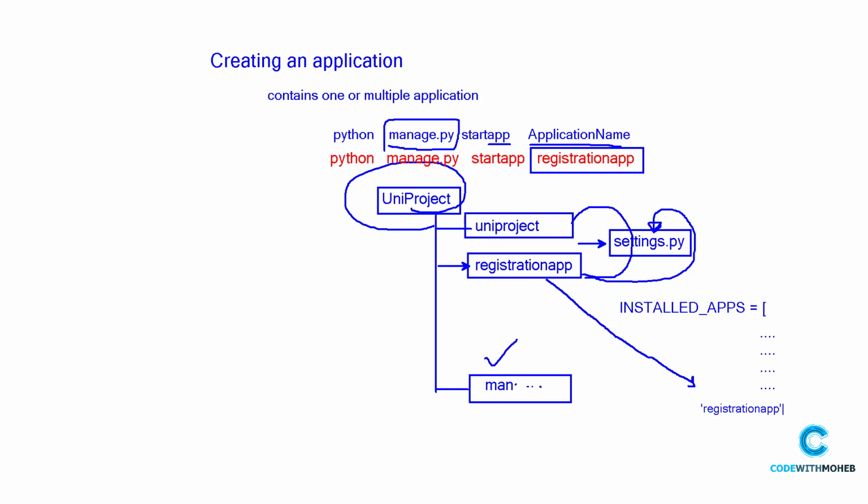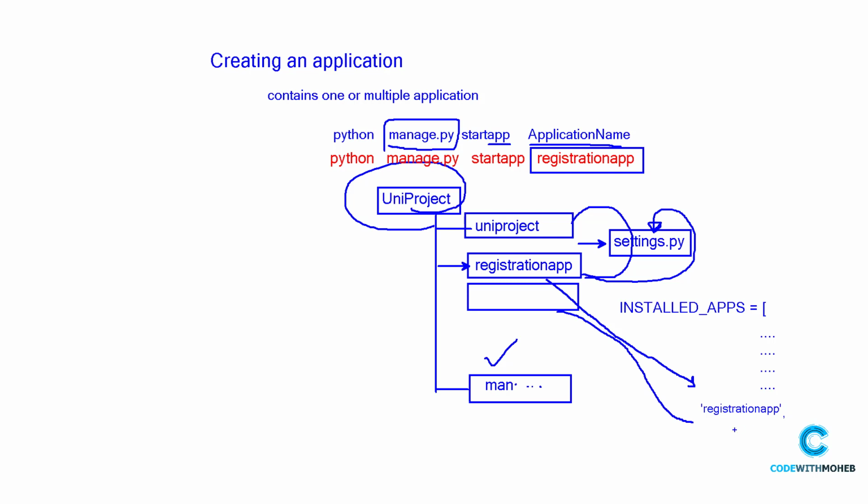The second important thing is that if it is your last line of code, or your last application, then you don't need to add a comma here. But in case you have another application as well and you want to install it here, then you must add a comma here.